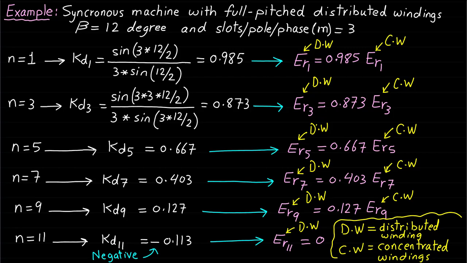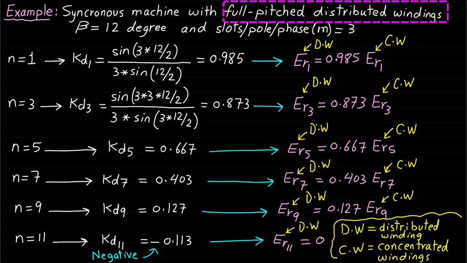The last important point is that using the distributed armature windings can also reduce the low-order harmonics. However, as we can see, the distribution factors of the low-order harmonic components still have high value. That means the low-order harmonics is still dominant and large when we use full-pitched distributed windings.